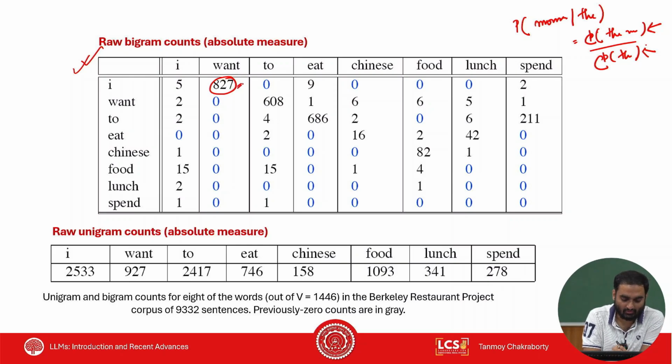So 827 indicates the number of times the phrase "I want" appears in the document. This is asymmetric. Okay, this is not "want I", this is the "I want" count. Now this indicates how many times the phrase "to eat" appears in the document.